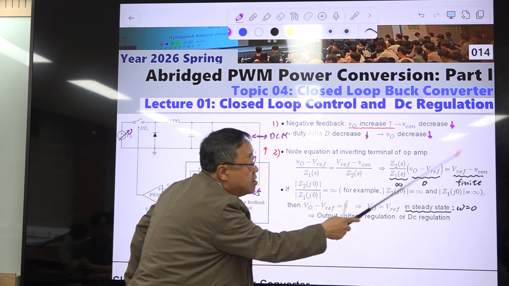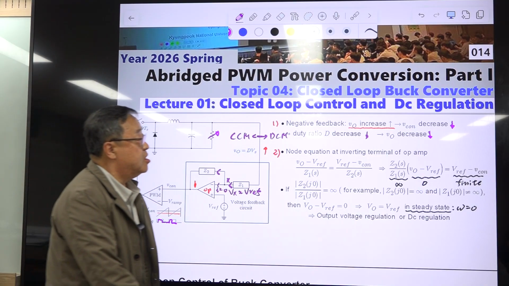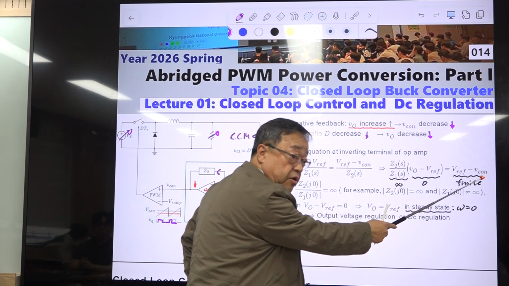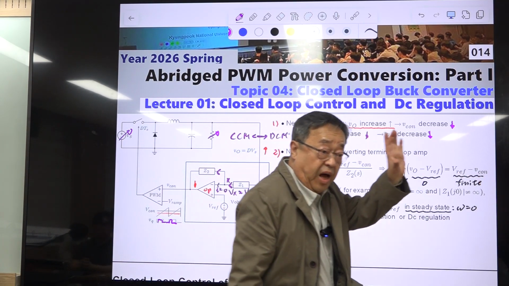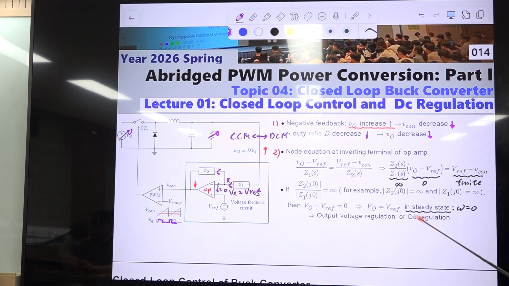V reference is a finite number, and our voltage V con is a finite number, other than positive infinity or negative infinity. It can be 0, but a finite number. Okay. Then finite number minus finite number is a finite number. That finite number is a product of two terms.